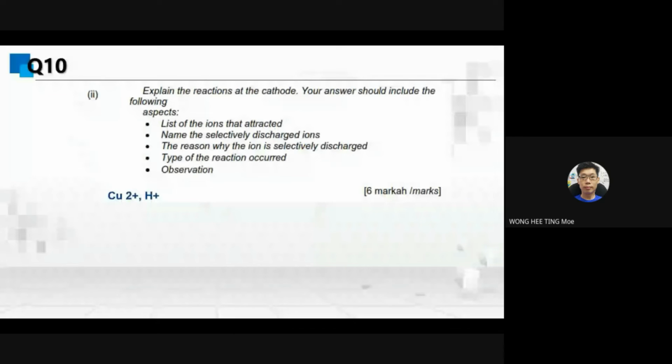So which one will be selectively discharged, class? Copper or hydrogen? Copper. But here you have to see the question: name the selectively discharged ions. It should be the name, copper(II) ion. Don't write the formula. If you write the formula, this point is missed already.